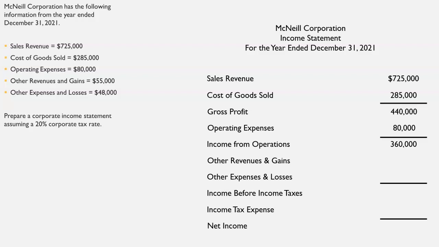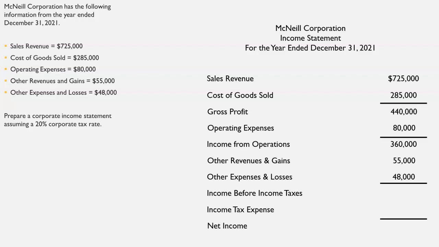Other revenues and gains, we were told were 55,000, so those will be added to our income from operations. Other expenses and losses will be subtracted, so we'll have to subtract out 48,000 to help us find our income before income taxes.